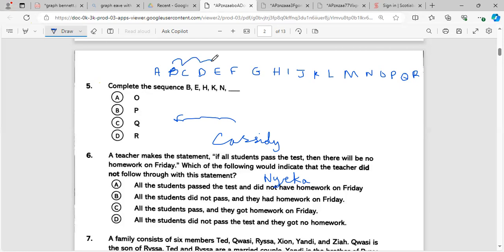To get to K, 1, 2, 3. So from K to N, it is 1, 2, 3. So from N, if you were to go to Q, it would be 3 as well. So it is Q. Alright. But guys, take your time on this. Like this, you can literally write out the alphabet.